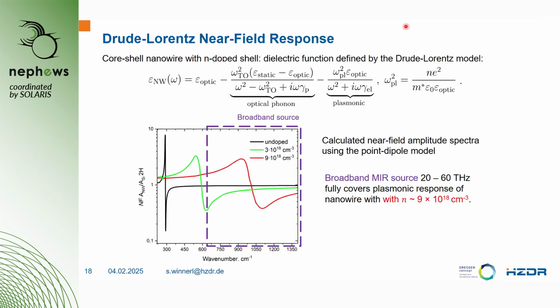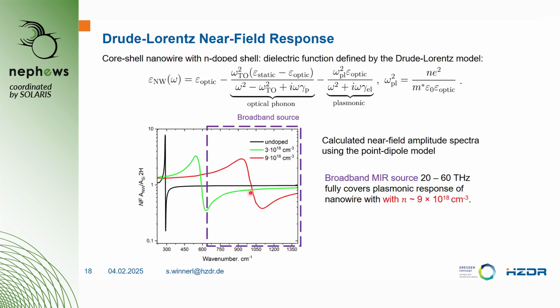The example I want to show you is some doped semiconductor nanowires, and these can be modeled by a Drude-Lorentz model. Basically there's a phonon line here, and then depending on the doping, there's a plasmonic resonance, which in the amplitude of a near-field signal gives such a dispersive shape.